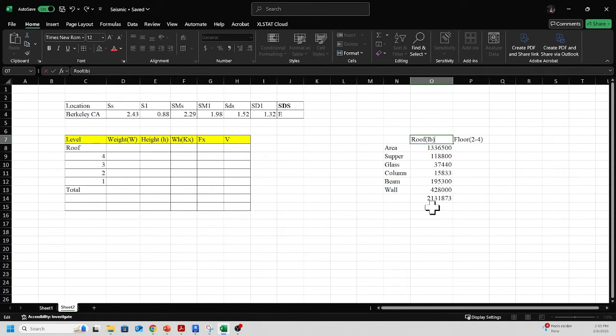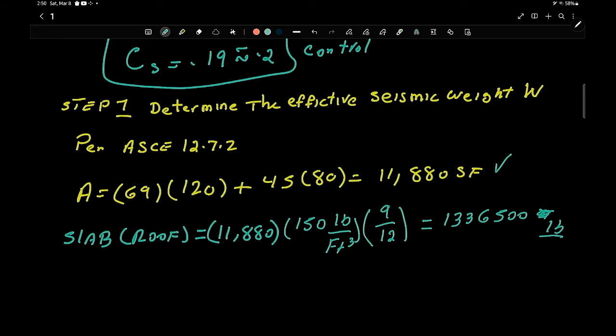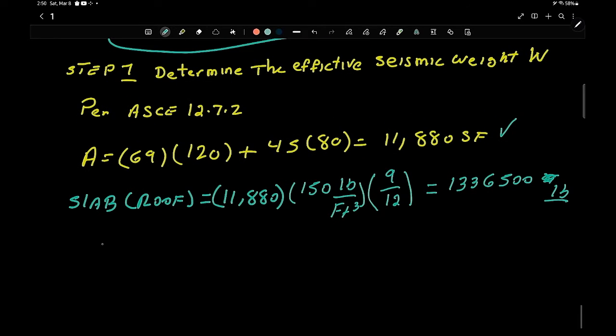Okay. So now let's go ahead and calculate the superimposed dead load for the roof, which was 10. So we're going to use the same area, multiplied by 10 pounds per square foot, and that will give us basically 11,800.